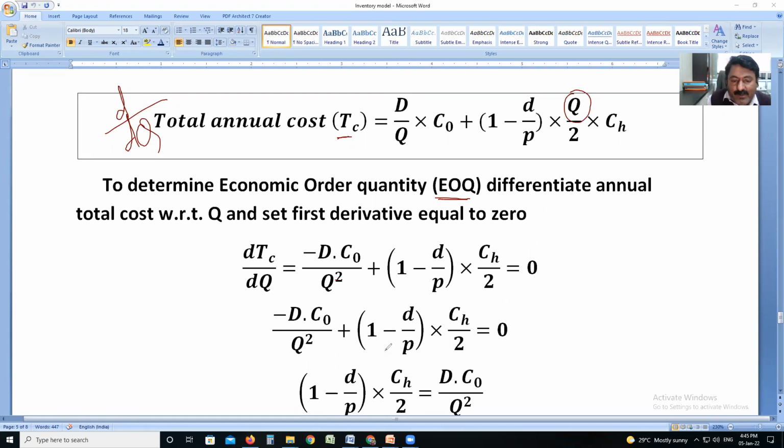So this is equal to 0. Therefore, minus DCO into Q divided by Q square plus the terms are written. This minus term is taken on another side. It will become plus.